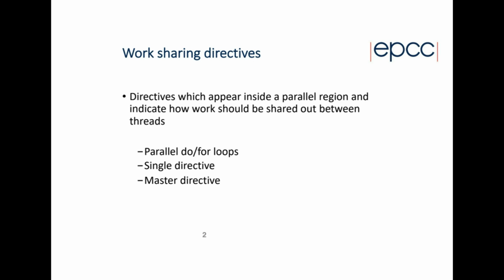Work sharing directives appear inside a parallel region, and they indicate how work should be shared out between threads rather than every thread executing the same block of code. By far the most important of these are the parallel do and for loops, which we'll talk about first. Then I'll also talk about single and master directives at the end of this session.